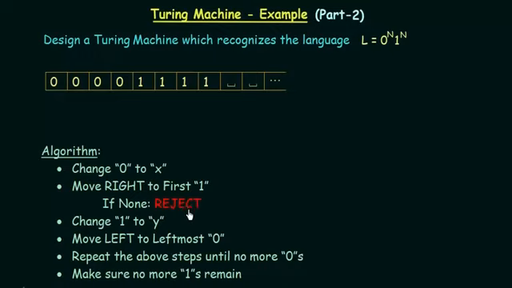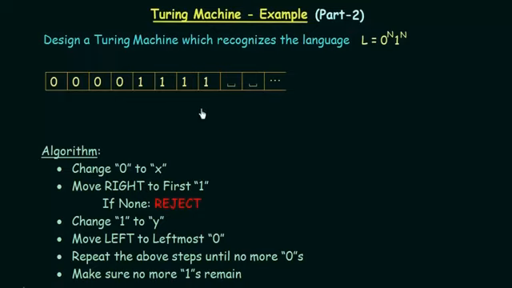That means the string will not be accepted. If we find a 1, we change that 1 to y, and after that we move left until we find the leftmost 0 on the tape. This process is repeated until no more zeros are there, and we have to make sure no more ones remain as well.